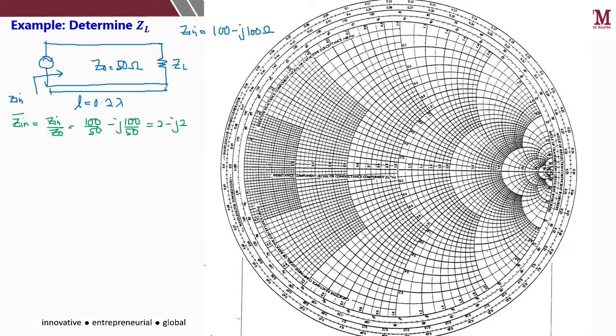So then you need to plot the Zin position. So 2 minus J2, so your 2 is here, minus is down there, and J2 is 2.0, is there. So that will be your Zin.